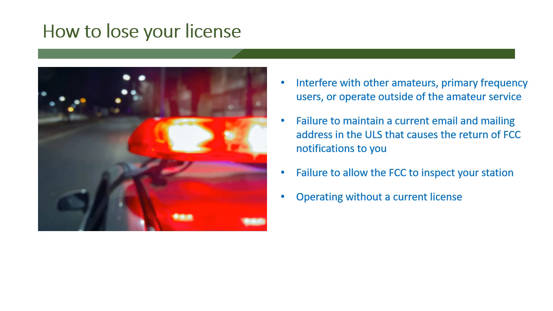Then they're going to come and basically knock on your door. They're probably not going to inspect your station. They're going to seize it, and they're going to cancel your license and give you a bill. And the bill is your fine, up to $10,000 a day for as many days as you're in violation. And of course, you can lose your license permanently, or I guess you can never get a license, if you operate without a current license.